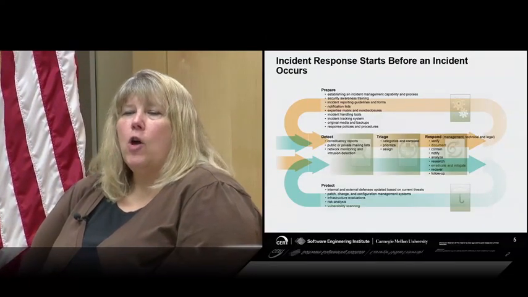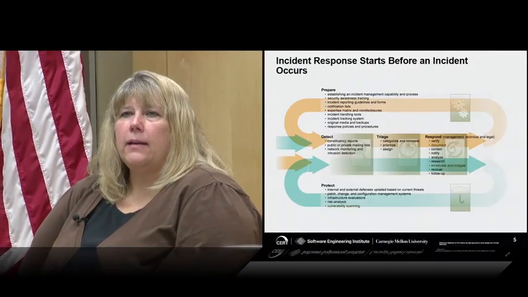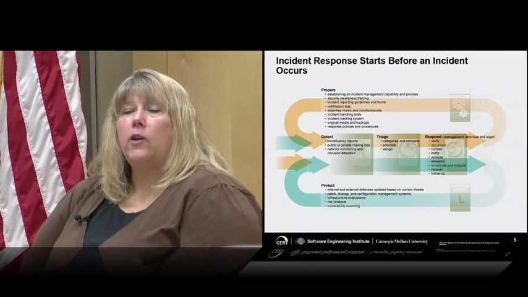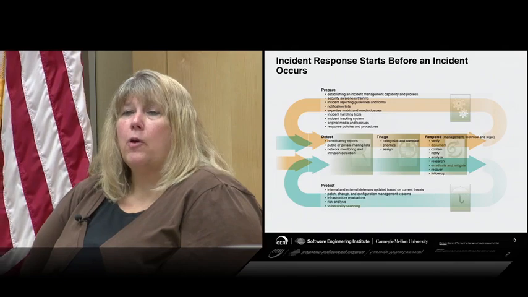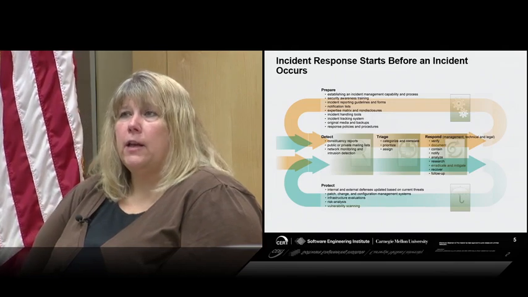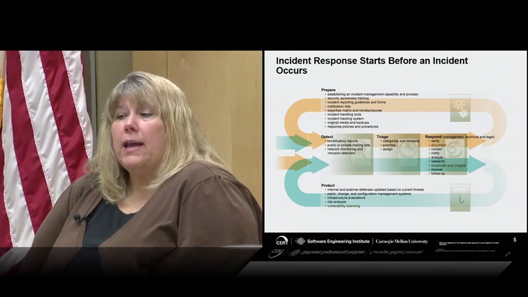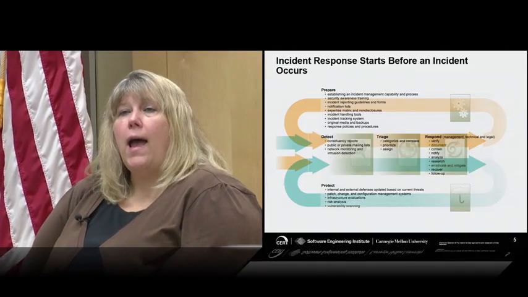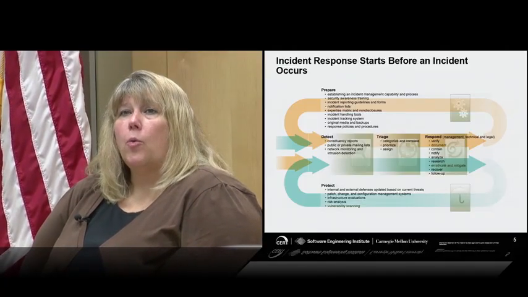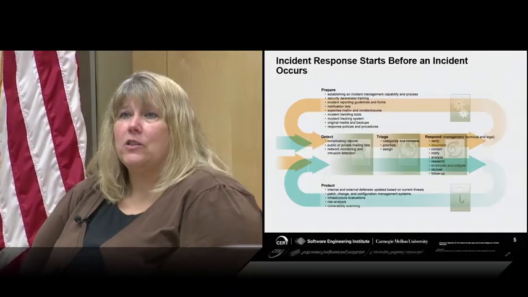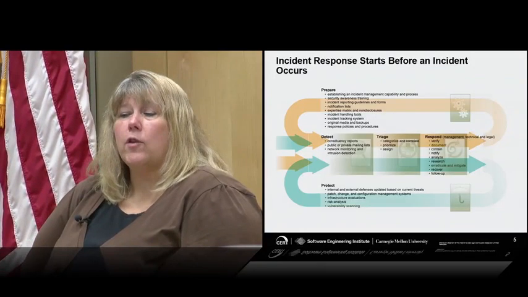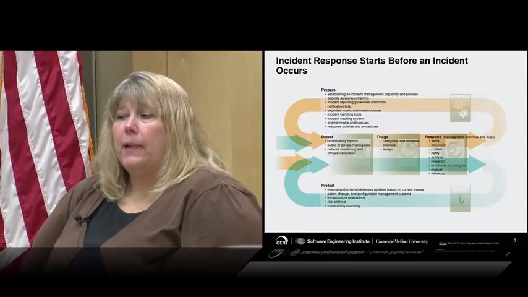Do I have forms and guidelines in place to tell people how to tell me about a problem or suspicious activity they see? Do I have incident reporting guidelines in place? Do I have point of coordination or point of contact (POC) lists, so I know who to call? Do I have a communications plan in place?